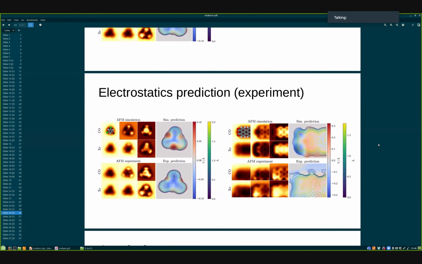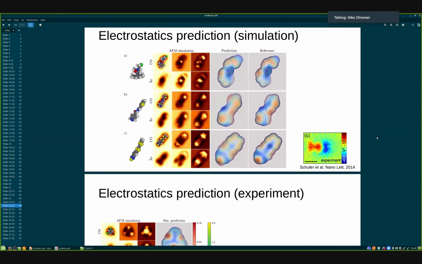Yeah. The experimental measurement of these electrostatic fields to actual quantitative accuracy is still quite difficult. For example, with KPFM, there's some pre-factor to the measurement which is unknown, which makes it very difficult to actually give out a number that would tell you exactly what is the field at that point.